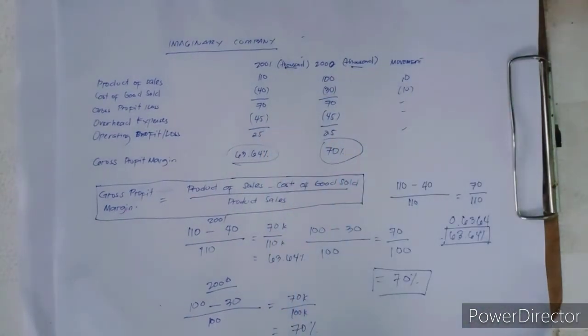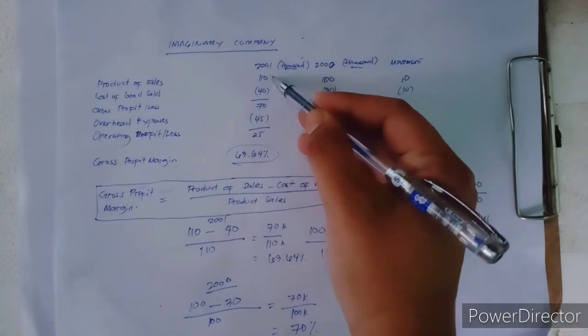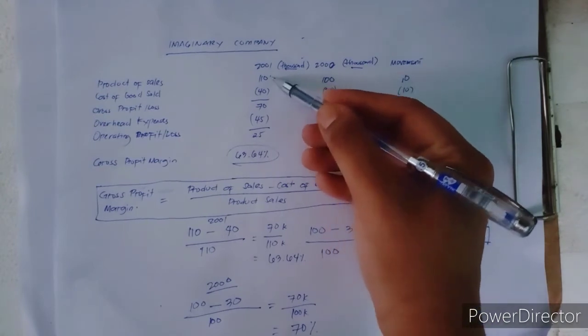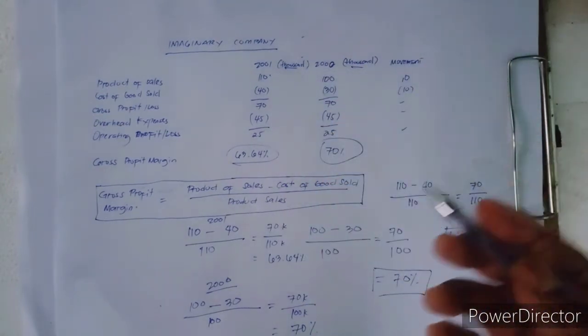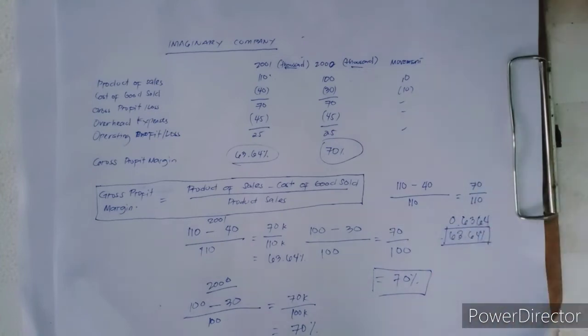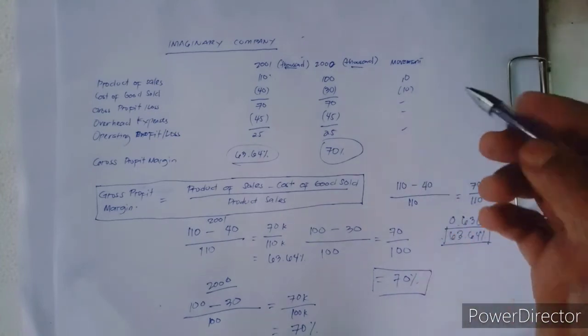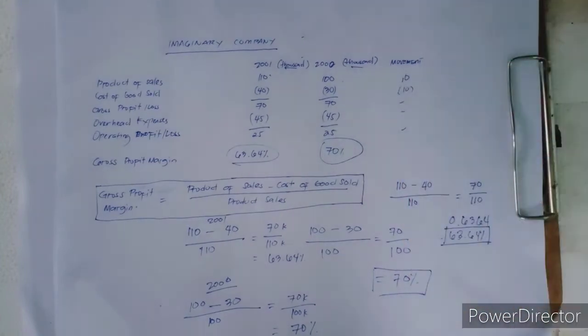Our imaginary company has made sales of 110,000 pesos in 2001, which is up 10,000 pesos from what we made in the prior year, 2000.